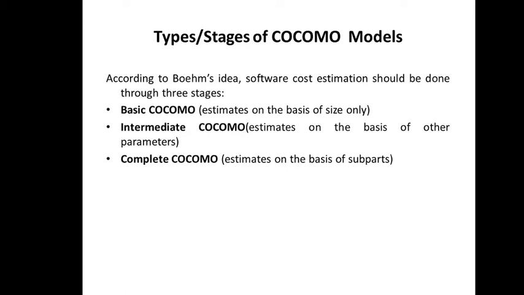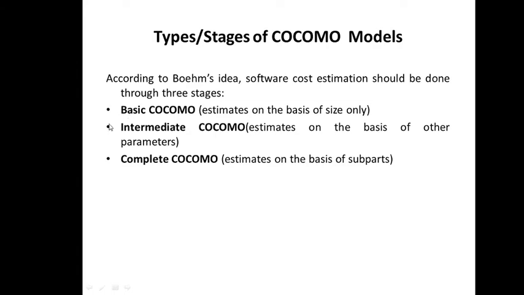Say 3 subparts are there and they belong to different categories: one subpart is of organic type, the second might be of semi-detached type, and the third might be of embedded type. So you have to make the estimates of these separately based on the category to which each belongs, and then at the end you can take the summation. So that is the complete Cocomo model. You consider the subparts and their complexity, make the estimate separately, and then sum up at the end. That would be better.